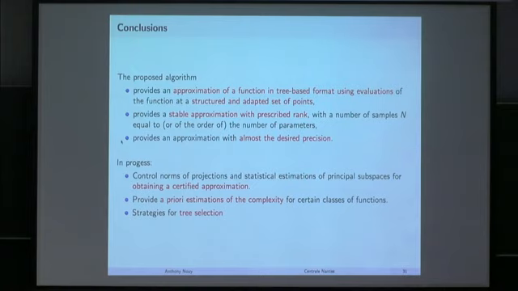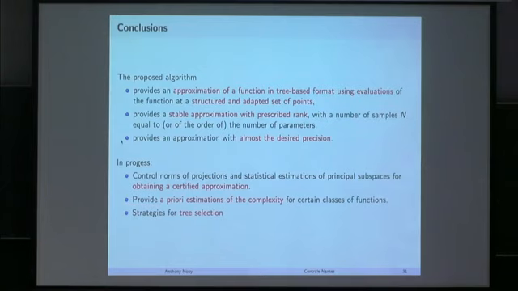So this is a complicated question, but a crucial question here, because if you want 10 to the minus 5, the algorithm that I showed you is able to do it, but you don't know how many samples it will use. So maybe you will let it run for millions of years, you don't know. So to have some information about a priori complexity, we have to make some assumptions.